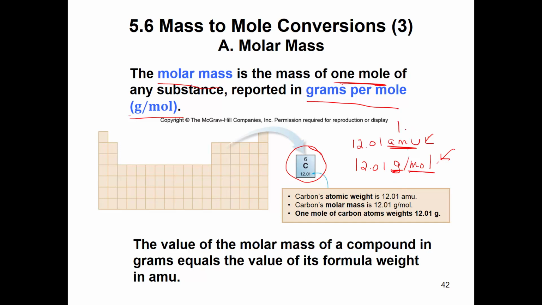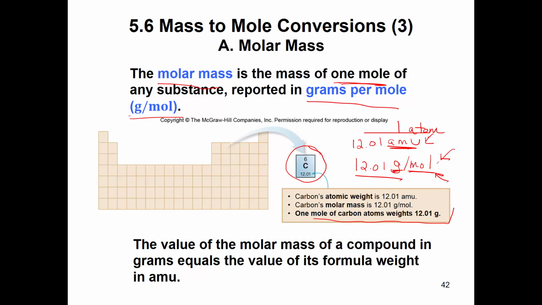That means instead of 1 atom that has a weight of 12.01 AMUs, I have 6.02 times 10 to the 23rd atoms that weigh 12.01 grams. So 1 mole of carbon atoms weighs 12.01 grams. They're the same magnitude of number, it's just different units.